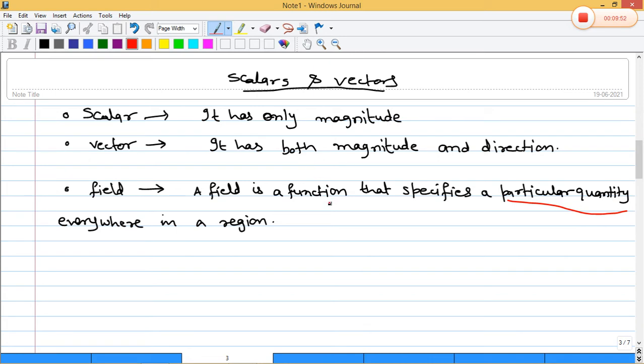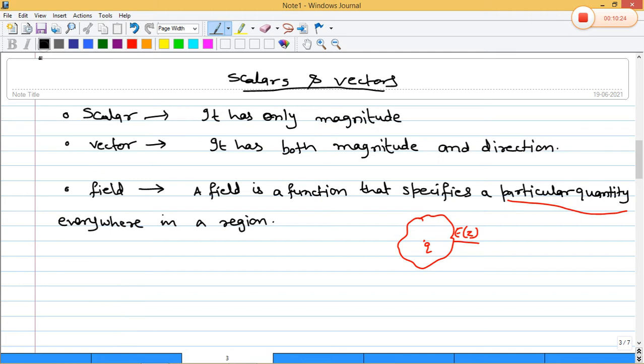Suppose this is a region here, so we can say that this is a field. How can we say this is a field? If charge q is here, this is a function that specifies, a function of the region, and that is a field.